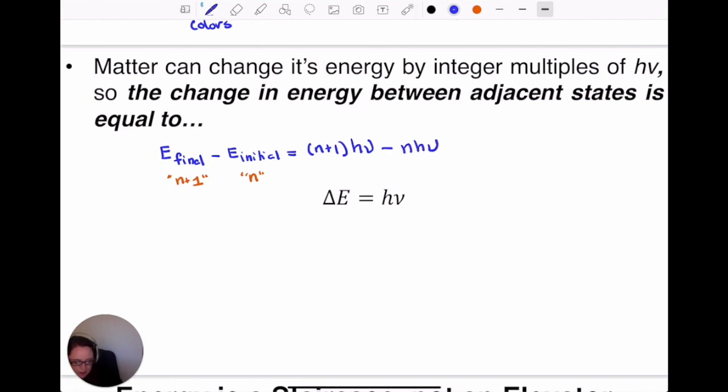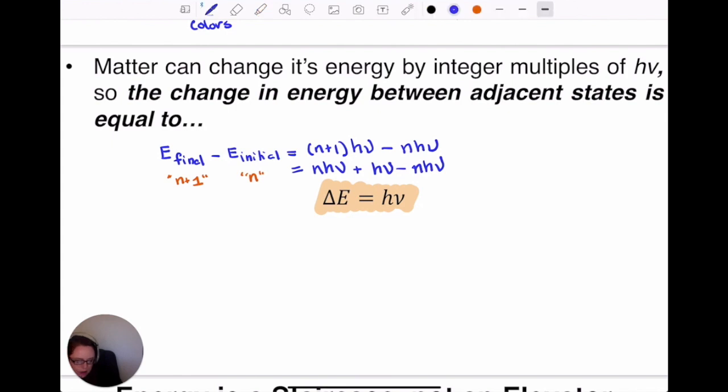And then we can factor this through, so you get n h nu plus h nu minus n h nu, and then we get delta E is equal to h times nu.